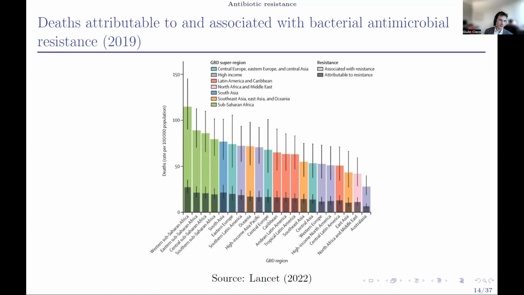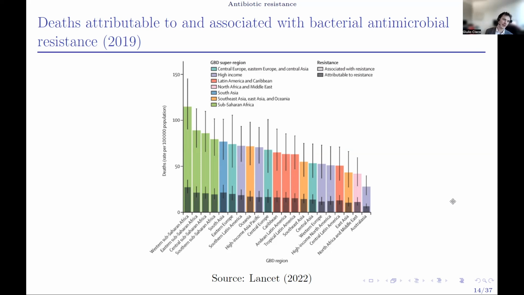Here I put this graph because it's quite interesting to see the distribution of resistance across different areas. Sorry, not during the year, across different areas. We will see during the year in the next slides. And in the previous slides, I told you that we have these regional differences in the regional distribution, and here it's quite easy to see.